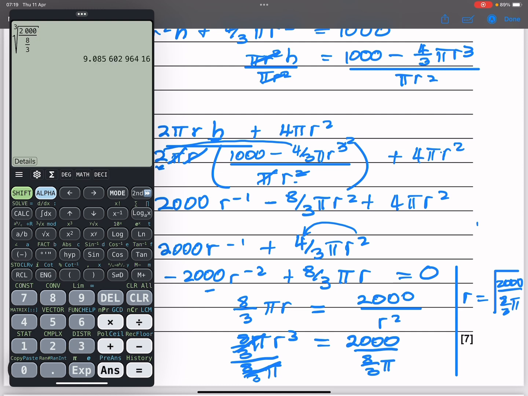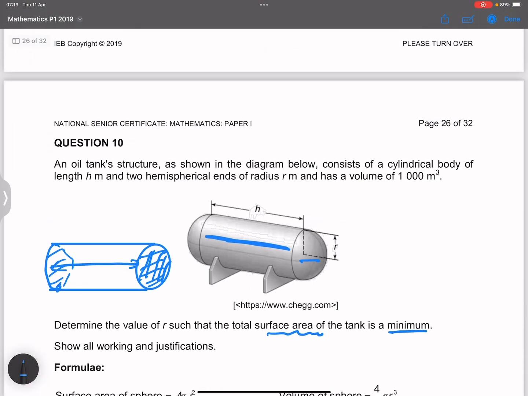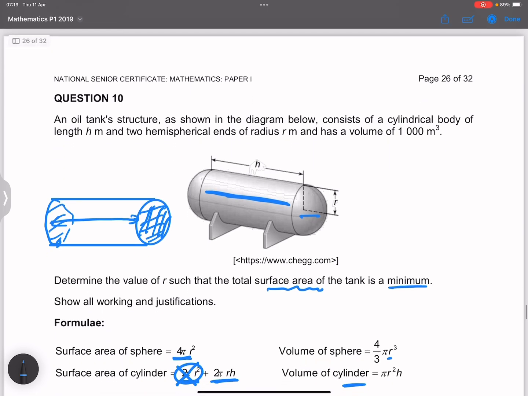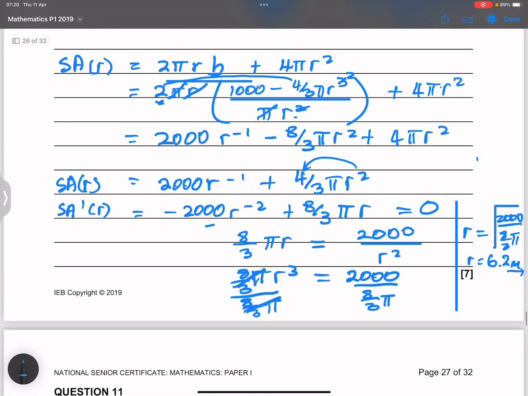All right, where is pi? Over there. Okay, I get a value of r is equal to 6.2. Please verify that for me, and that would be in meters, right? Because the volume of our cylinder was in meters cubed, it must mean that the dimension must be in meters. Right, as we go on to the next question.